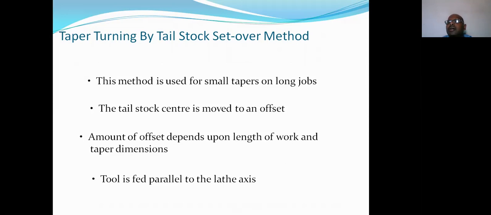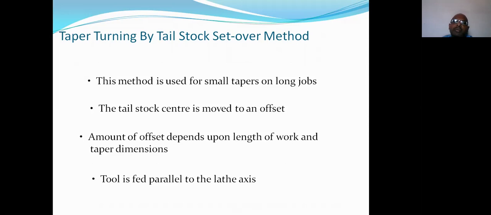However, the job already has some offset position, so the job is converted into an inclined axis with the machine axis. Simply we can say in the previous three operations, the center of the job exactly coincides with the center of the machine. But in this one, the center of the job makes some inclined angle with the center of the machine. That is the difference for this operation.